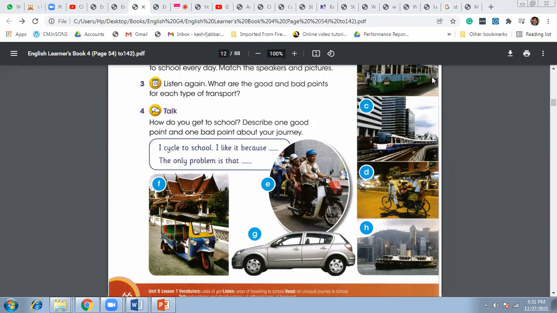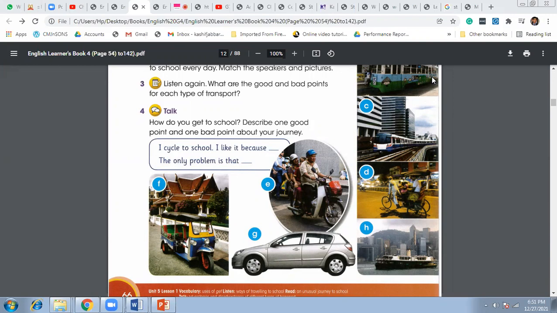So, have you used any of these transports? Like G, normally do you use any other? When I go to school, I go by bus. You go by bus. Okay, that is very good. Is there any good thing or any bad thing when you are going to school by bus? Tell me.